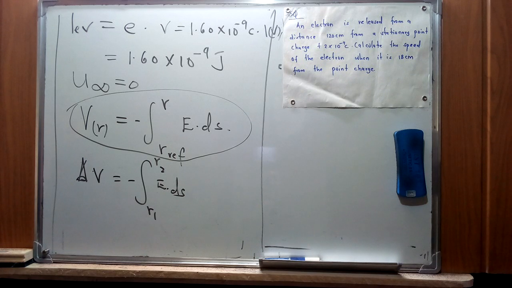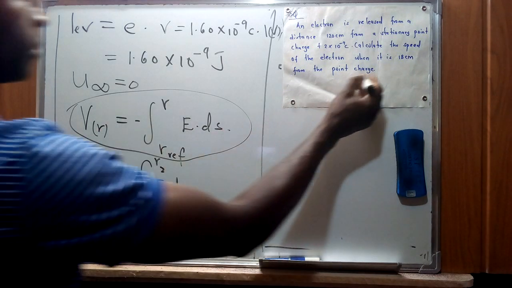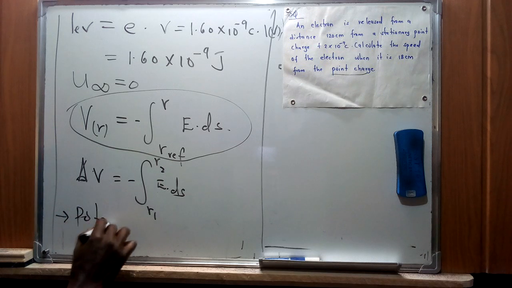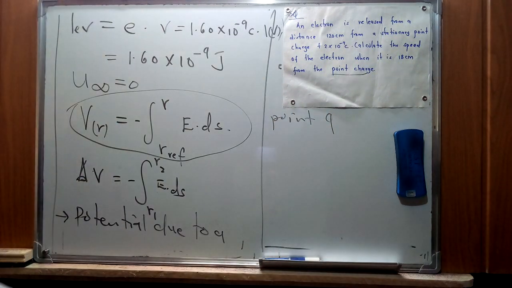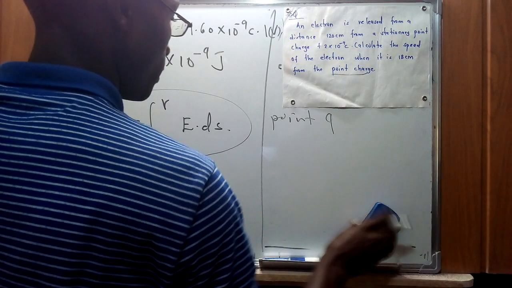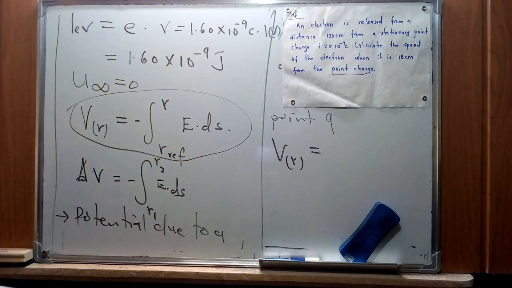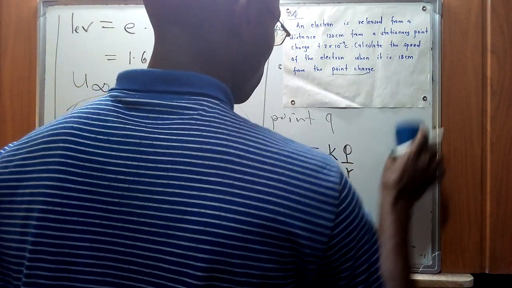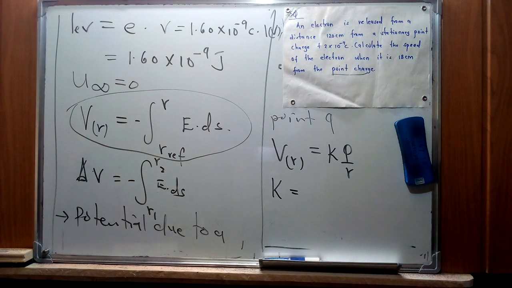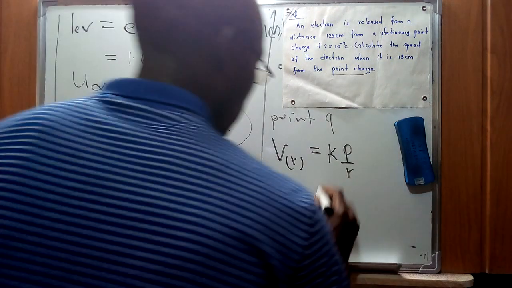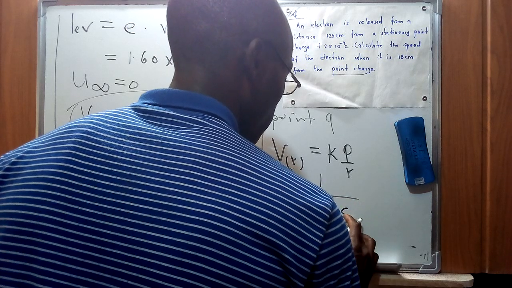So therefore, for the potential due to a point charge Q that we are being requested to find, the potential can be given as V(R) equals KQ over R. Of course, K is one of the constants that we have been using in some of our videos, and it entails the concept of electric permittivity, which can be expanded as 4 pi epsilon naught.